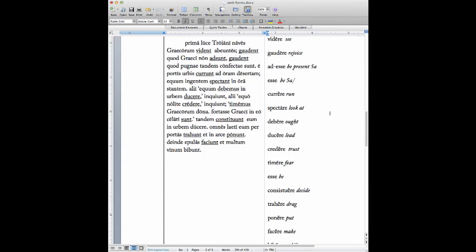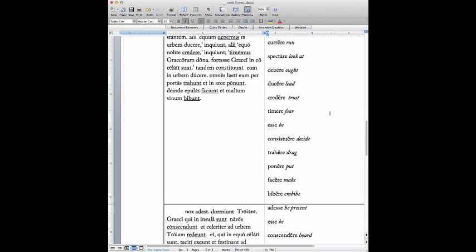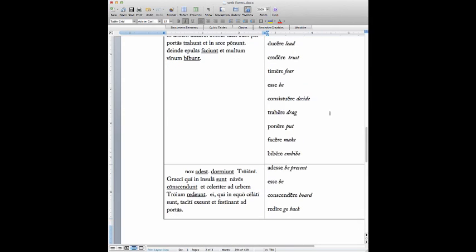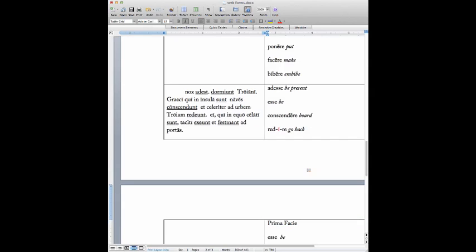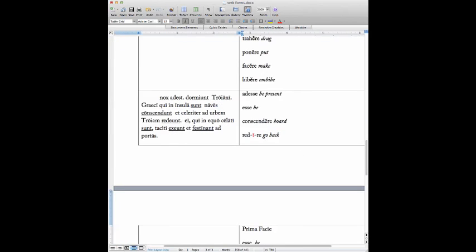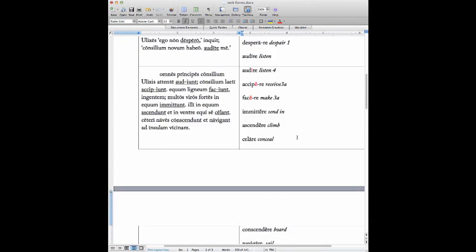And then there are some other little problems. Let's see if we can find one. Redire would be the last one I'll mention. It might seem at first, on first glance, in Latin is this phrase, prima facie, on its face, on the face of things, at first glance, that this would be fourth conjugation, like audire up here.